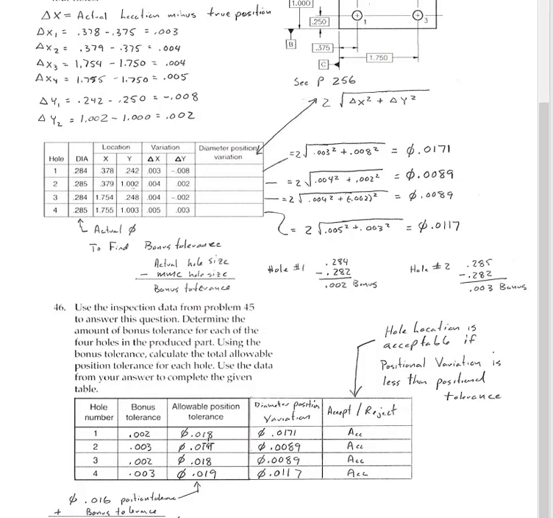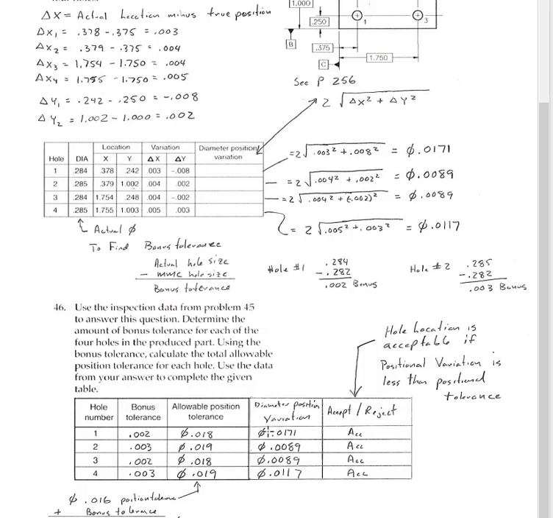Okay. So now here comes how we check whether or not the hole meets the positional tolerance. We take this diameter position variation, the one we calculated right up here. Essentially this is how far the center of your actual hole is from the true position defined by the basic dimensions.